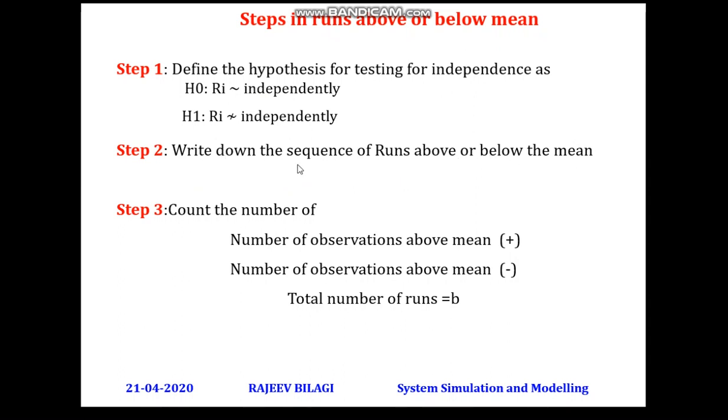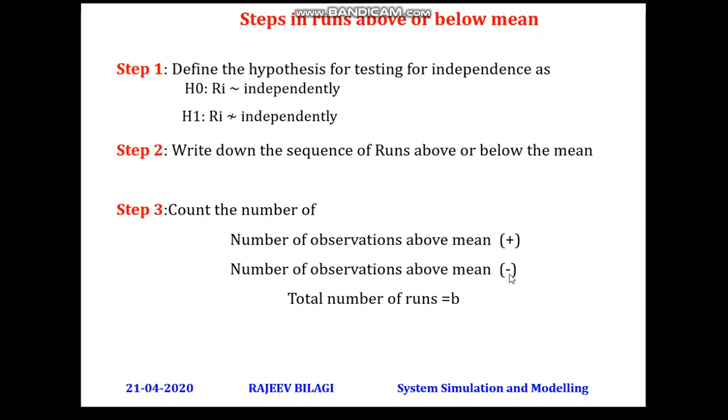How? If the number is greater than 0.495, you replace it with plus. The number which is less than 0.495, you replace with minus sign. So that is your step number 2. Now step number 3, you need to count the number of observations, that is the number of plus signs and the number of minus signs.